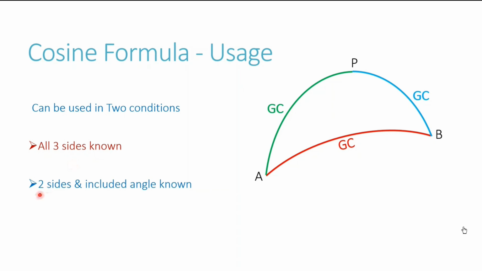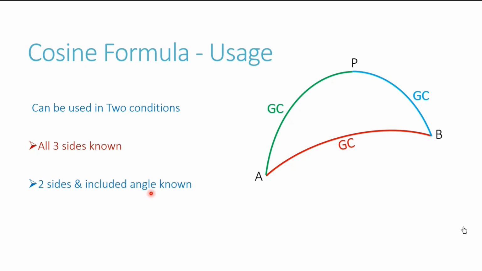Now the second condition or scenario in which cosine formula can be applied is when we know any two sides of the spherical triangle and, very, very important, included angle known to us. What do we mean by the included angle?